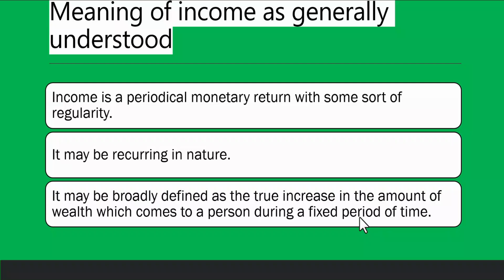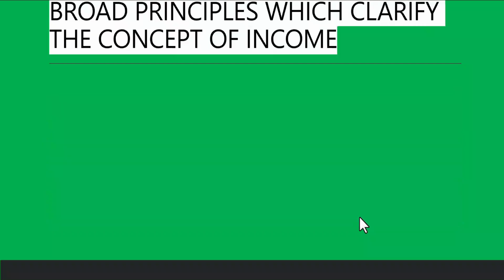It may be broadly defined as the true increase in the amount of wealth which comes to a person during a fixed period of time. So this is the meaning of income in general: the income will increase the wealth of a person, because he's going to save some money out of it and his wealth will be created out of the income which he's earning.